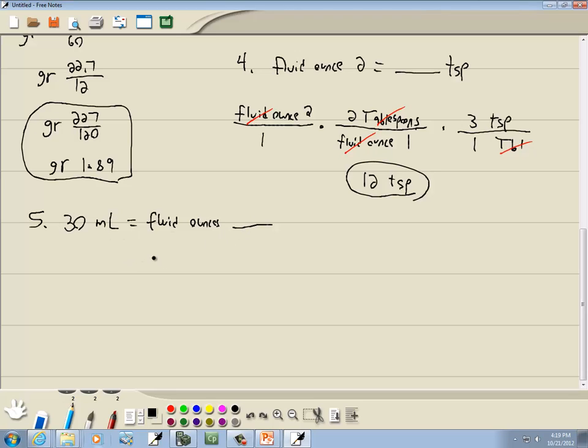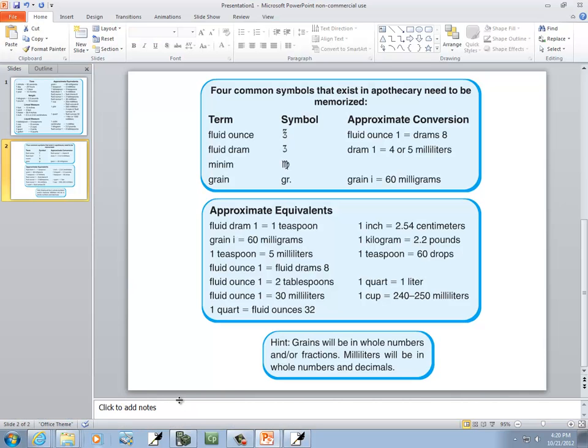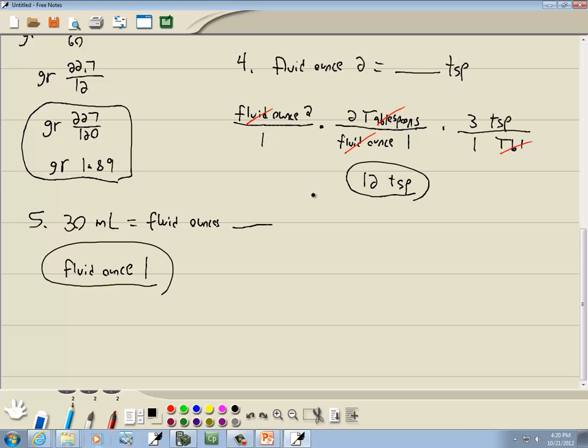So this would be 1 fluid ounce. Now some of these I would write down the symbol that goes along with it, but I don't think I actually could. If you look up here, the symbols go as fluid ounce, that bizarre looking thing, and fluid gram is this, minim, how do we say that word? And grains is a lot easier, so grains I can abbreviate.